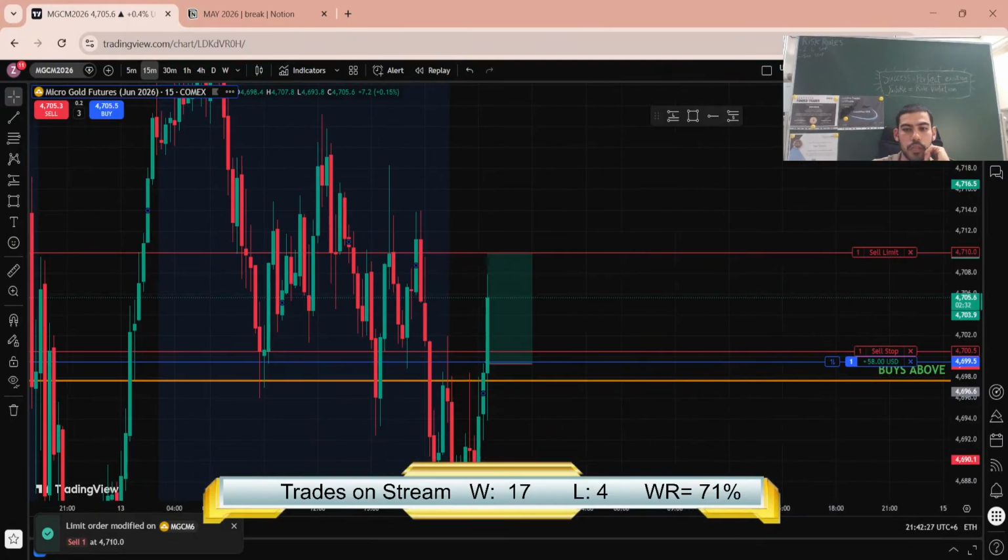Alright, so now I'm just waiting for it to tap either my take profit or break even. Right there, I placed it where there was a little bit of rejection area to the left hand side, so I placed it there.